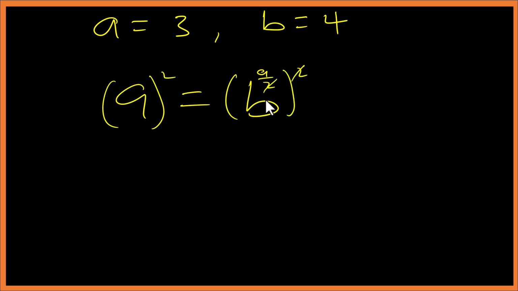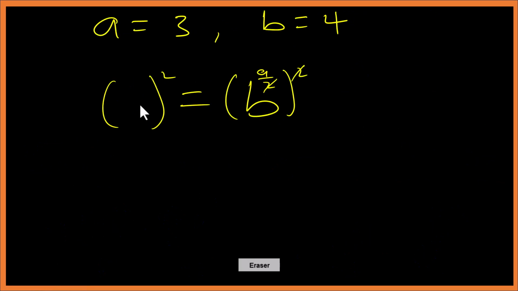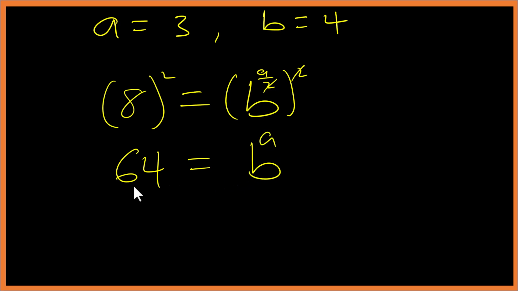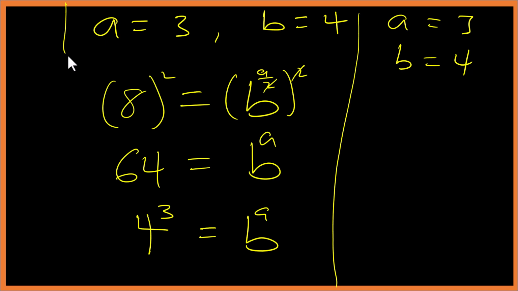This one will cancel, and this side will be 64 equals b raised to a. So 64 is the same as 4 to the power 3 equals b to the power a. So from here, a is 3 and b is 4. So we have these answers.